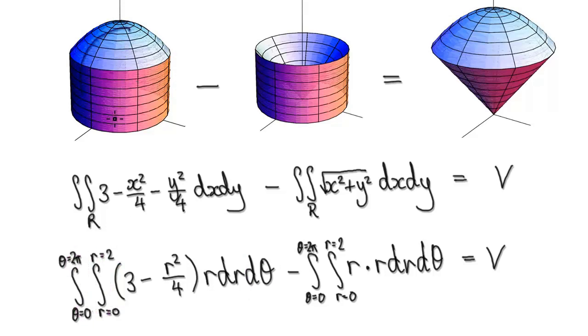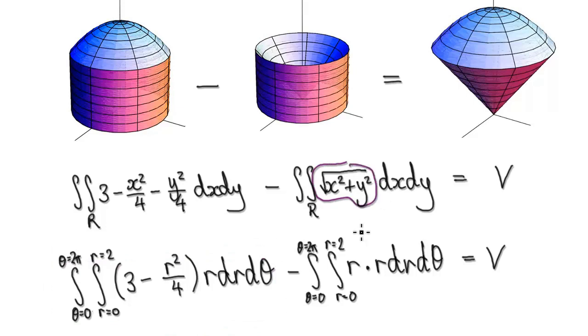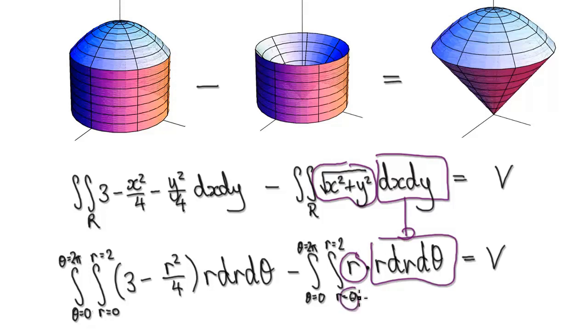This solid here is given by this. Remember, this thing here is really r, and if you convert this into polar form, it gives you this, integrating from a radius of 0 to 2, and scanning the angle from 0 to 2 pi.